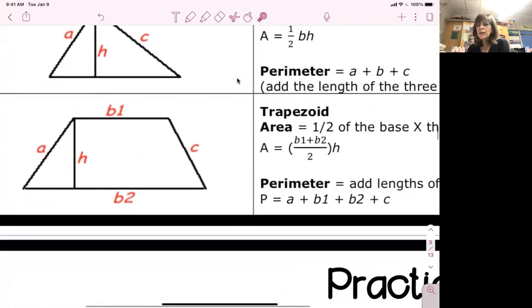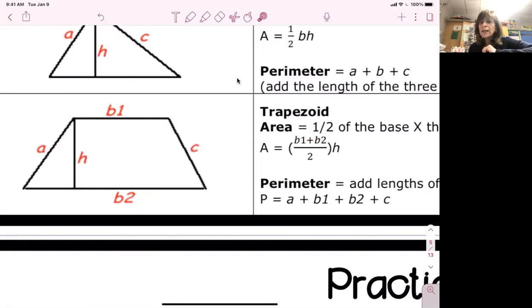Base 1 and base 2 are the two sides of the trapezoid that are parallel. And it doesn't matter if you make this one base 2, this one base 1. It doesn't matter which order you put those in because you're just adding them together. If this is 3 and this is 5, it doesn't matter if you say 3 plus 5 or 5 plus 3.